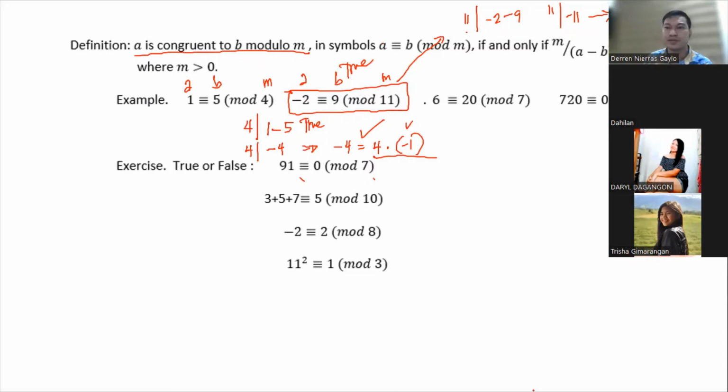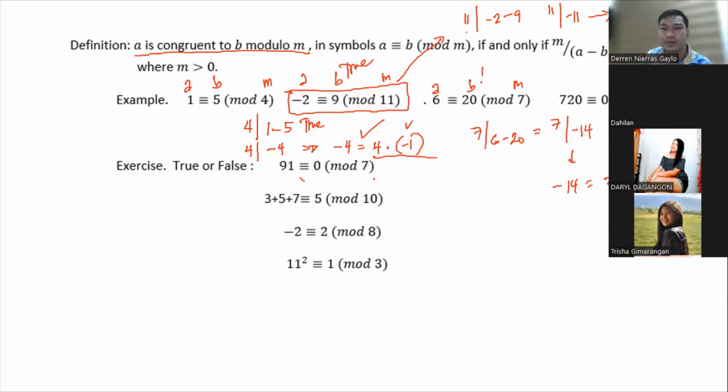And also the other one, 6 is congruent to 20 modulo 7, where this is our A, our B, and our M. So 7 must divide 6 minus 20, and that's equal to 7 divides negative 14. Right? We can get a number that, if we multiply with 7, you get negative 14, and that is negative 2.